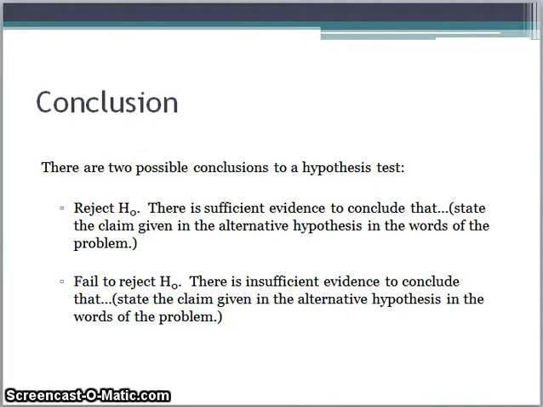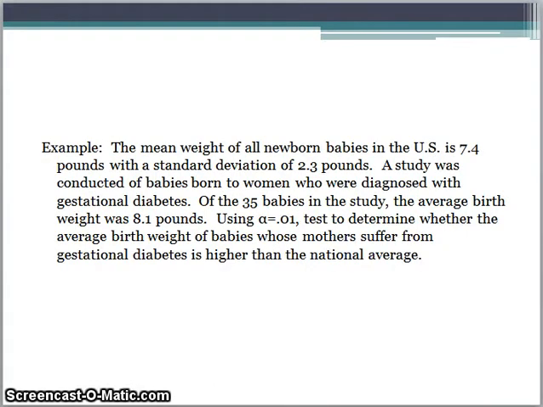There is insufficient evidence to conclude that whatever the alternative hypothesis says. Okay? These are the only two conclusions for a hypothesis test. Reject H-naught, there is sufficient evidence of the alternative, or fail to reject H-naught, there is not sufficient evidence of the alternative. So let's do a second example.